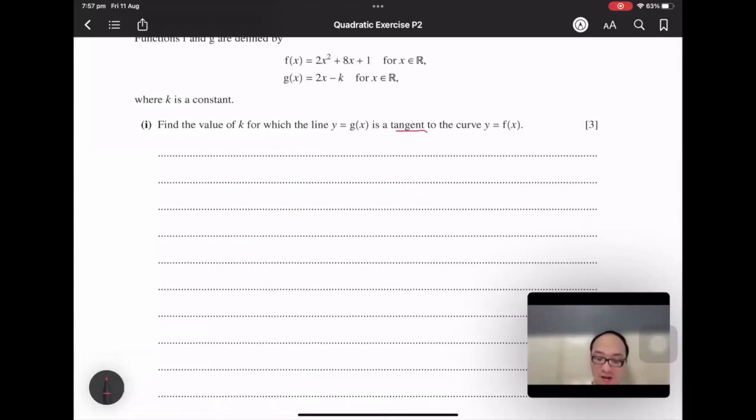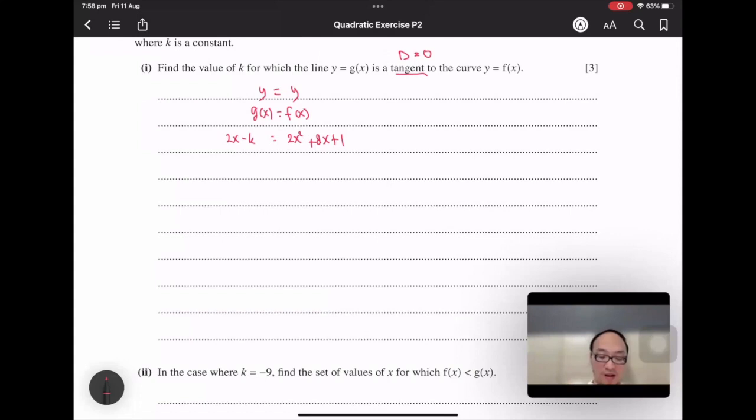Tangent means we can check it from the discriminant equals 0. So we have to make the line y of g(x) equal to the curve y of f(x). So we make them the same: 2x minus k equals 2x squared plus 8x plus 1.